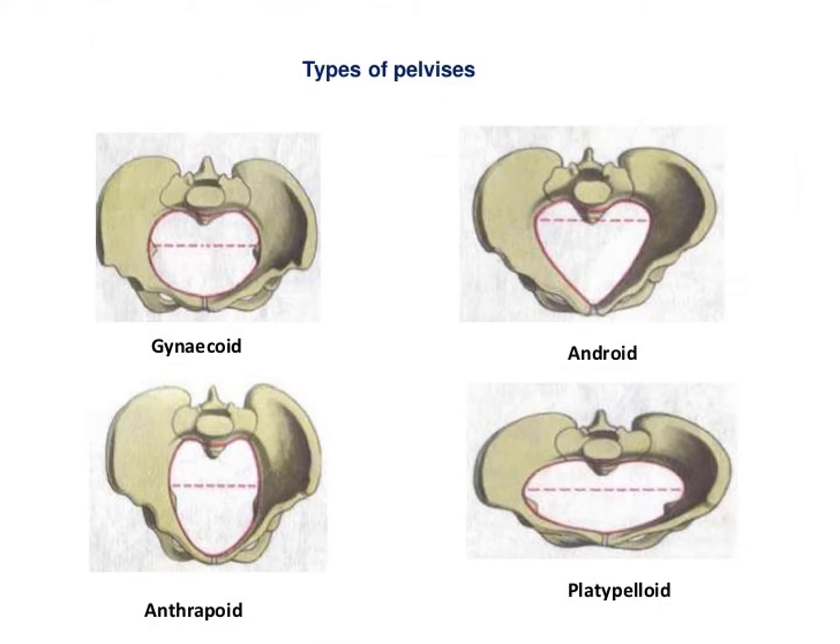So these are the types of pelvis: the gynecoid pelvis, android pelvis, anthropoid pelvis, and platypelloid pelvis. As discussed in the previous slide, the gynecoid pelvis is the most favorable for success of labor and birth.